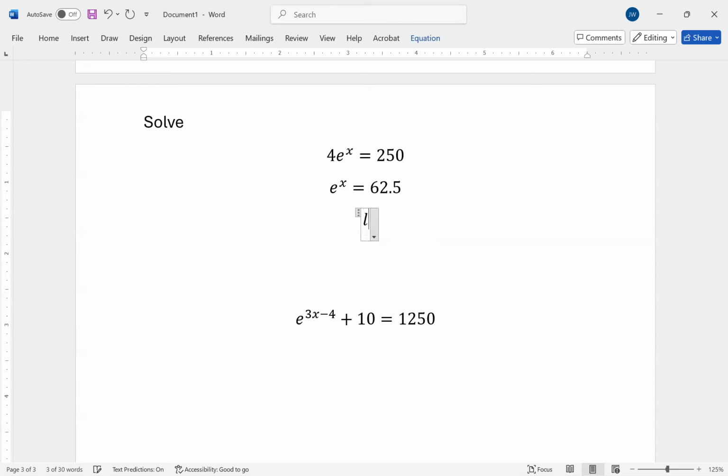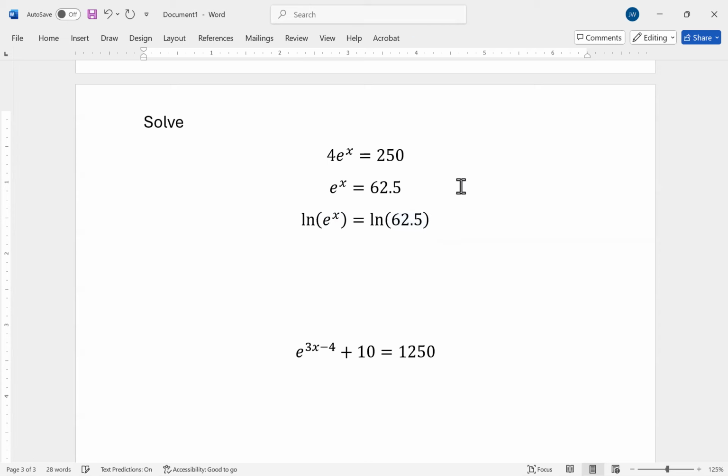In this case, it's best to apply the logarithm base e, which is the natural log, to both sides. So I get natural log of e to the x is equal to natural log of 62.5.